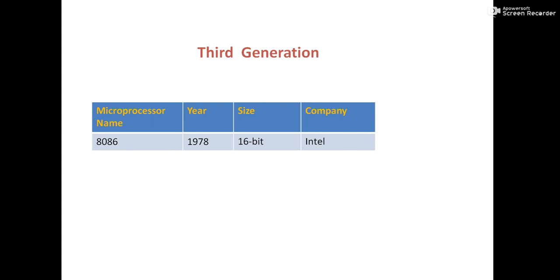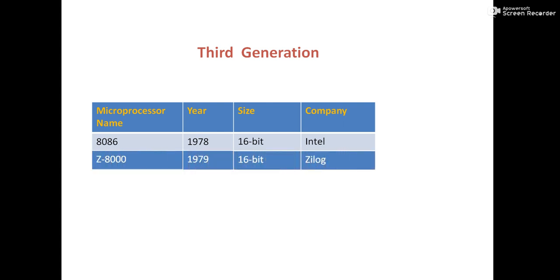Now let us understand third generation. In this generation, Intel introduced first 16-bit microprocessor in the year 1978, and the name of the microprocessor was 8086, which was the higher version of 8085 microprocessor. 8086 microprocessor was then followed by Z8000 microprocessor, which was introduced by Zilog Company in 1979.